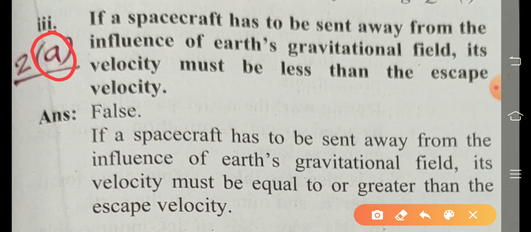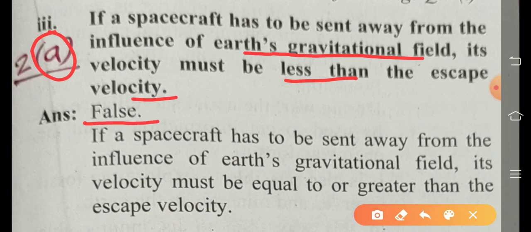What is the question given? The answer is actually false.